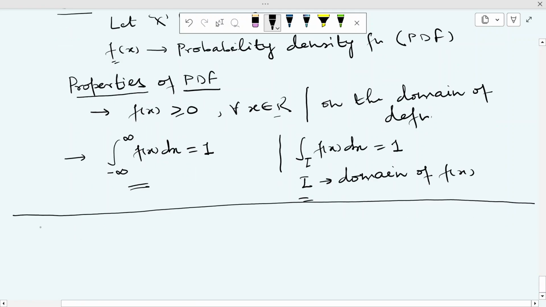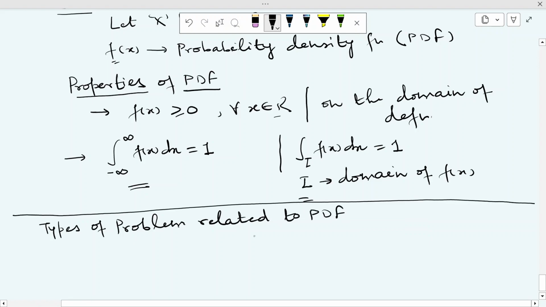So in general we have two types of problems related to PDF.